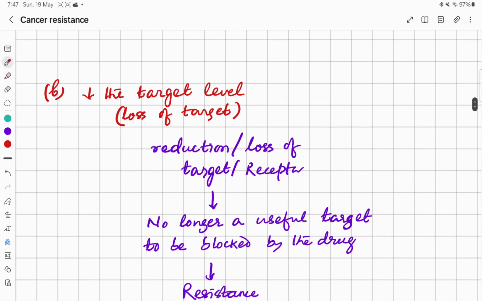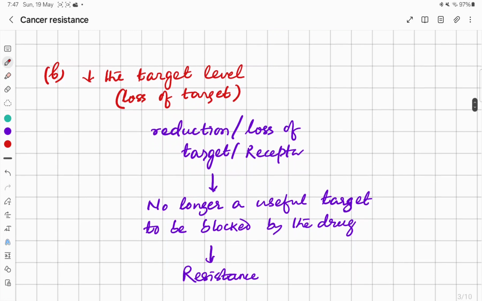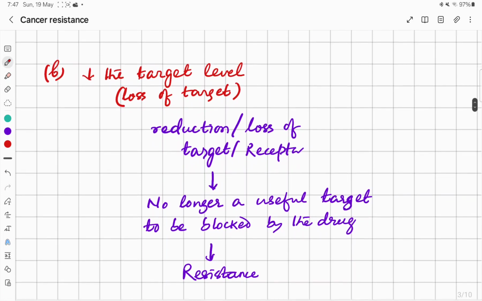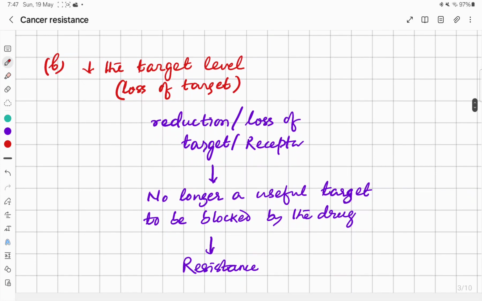Second mechanism under altering the target is decrease in the target level or loss of the drug target. Sometimes there is reduction or loss of the target or receptor so that the receptor is no longer available to be blocked by the drug, and that also causes resistance.